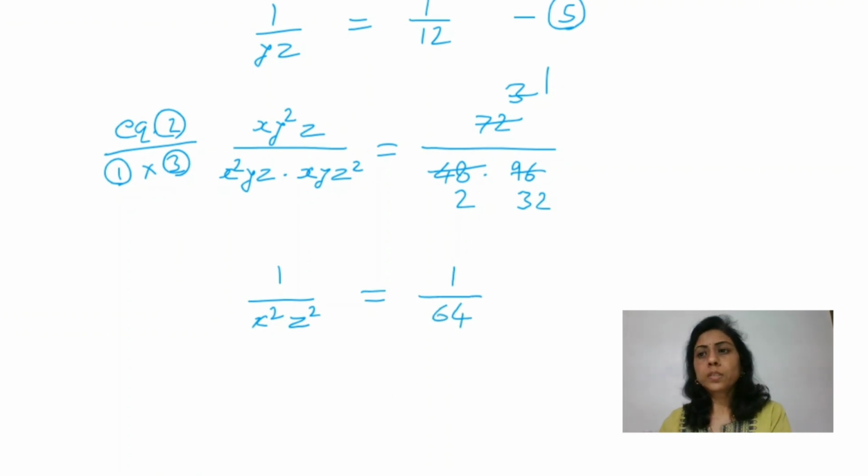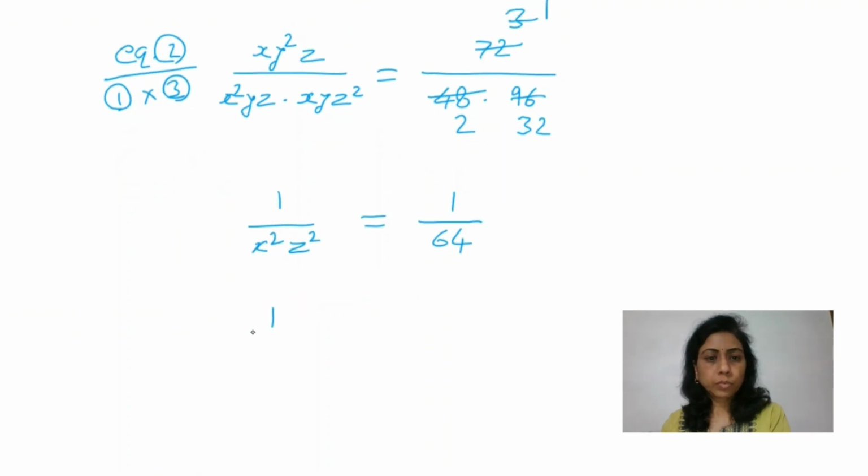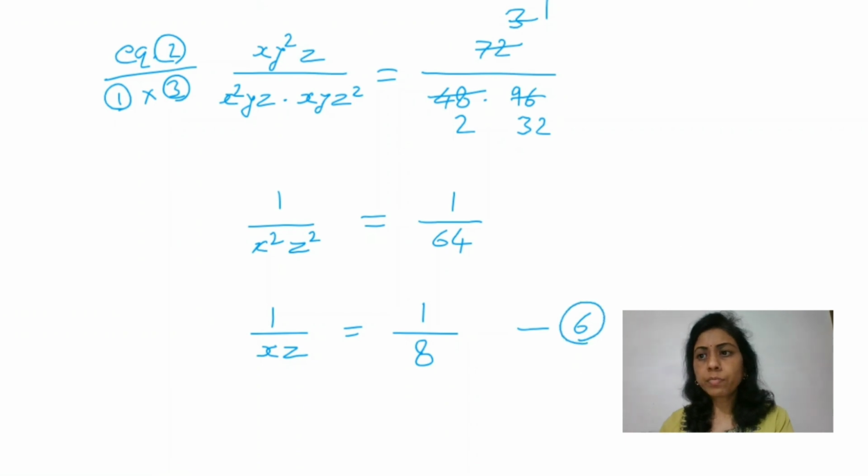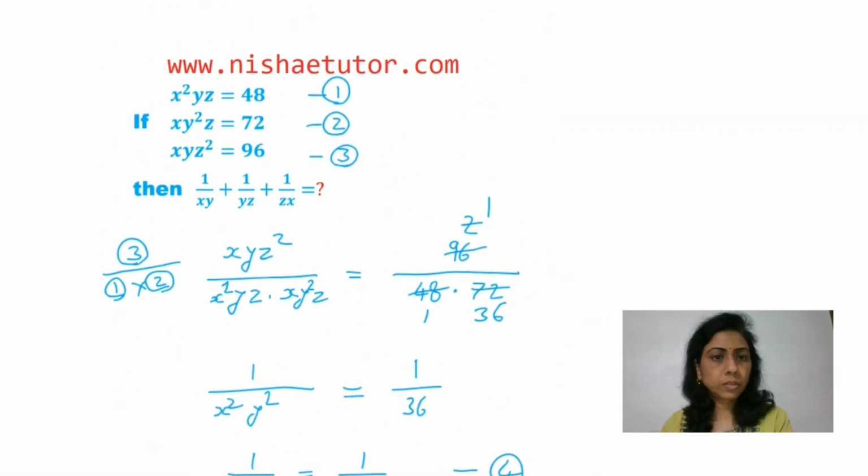Okay, so what is 1 upon xz value? Both side taking square root, so we get 1 upon 8. This is equation 6. So we found all these three fractions values: 1 upon xy, 1 upon yz, 1 upon zx.